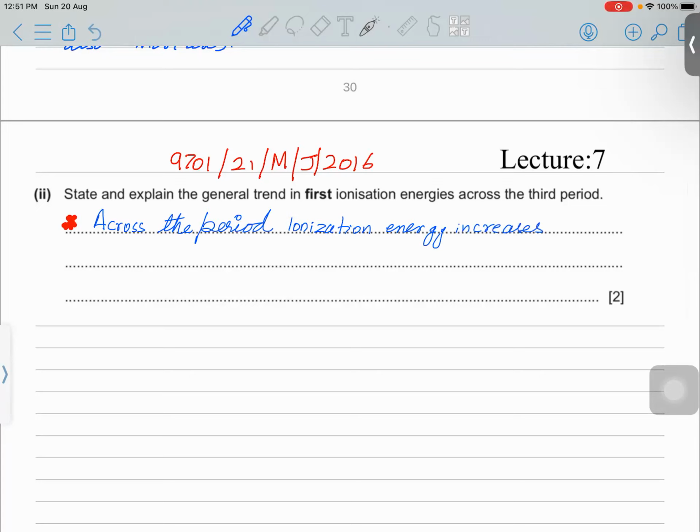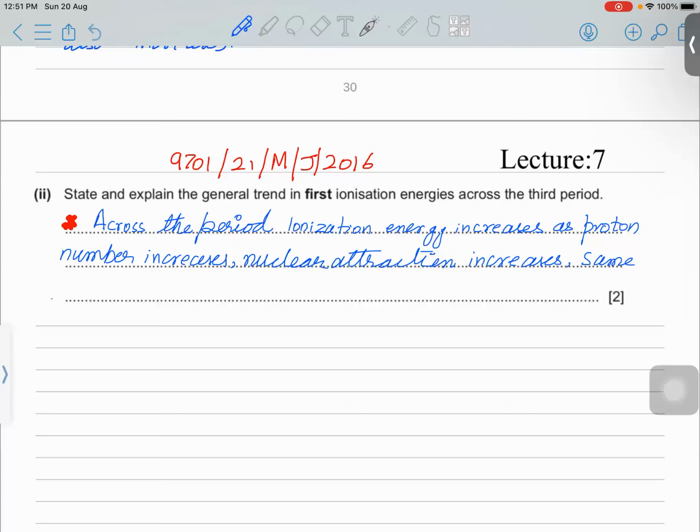Why does it increase? As proton number increases across the period, nuclear attraction increases.